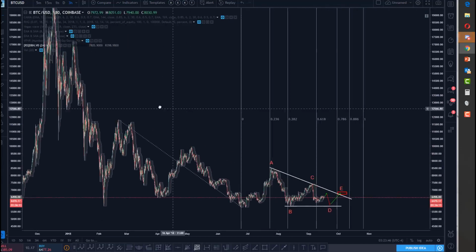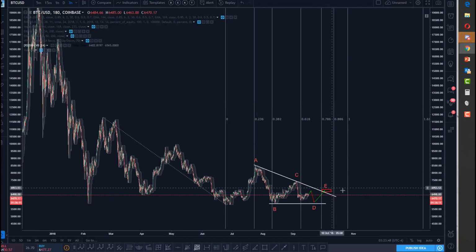Anyway, these are all key levels that I'm watching. I don't know which leg of which triangle's wave gets put in, but these are probably going to be pretty damn close, given the 236 here, 382 here, 618 here, right?